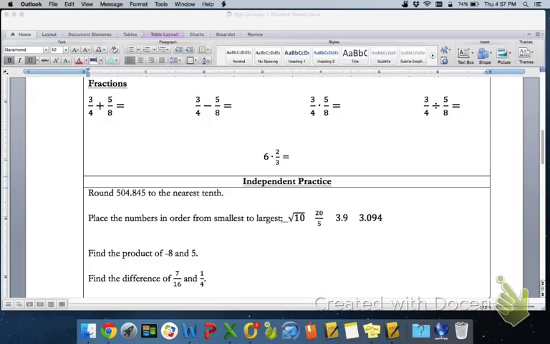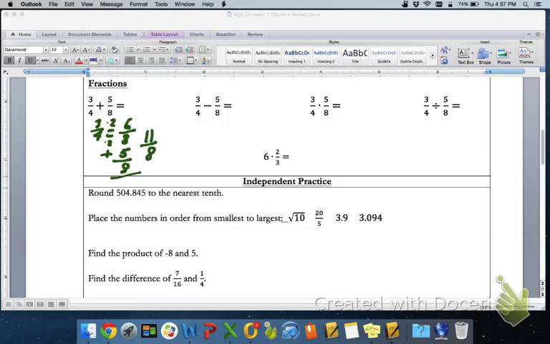So we're going to change 3/4 into 8s by multiplying 4 by 2 to get 8, and 3 times 2 to get 6. And to that, we're going to add 5/8, which doesn't need to be changed. So 6/8 plus 5/8 turns out to be a sum of 11/8. And we can leave answers as improper. In fact, we'd like you to do so.